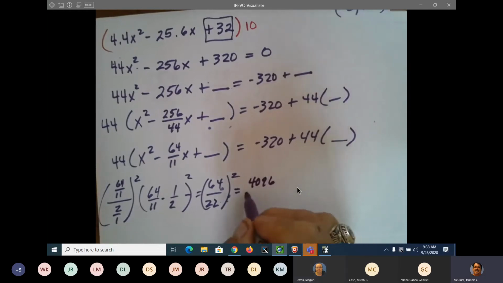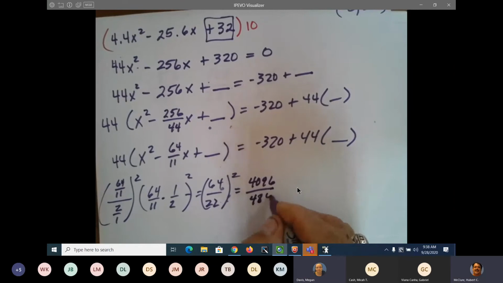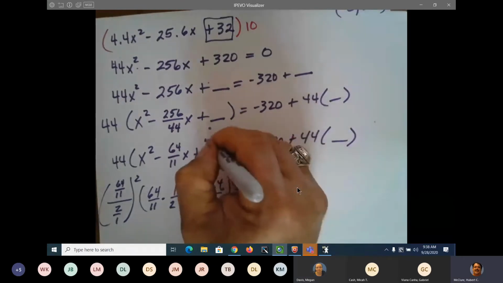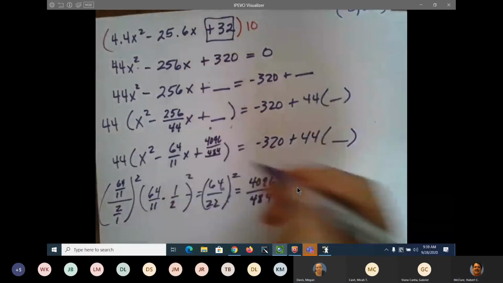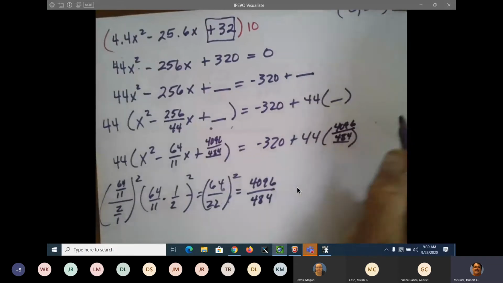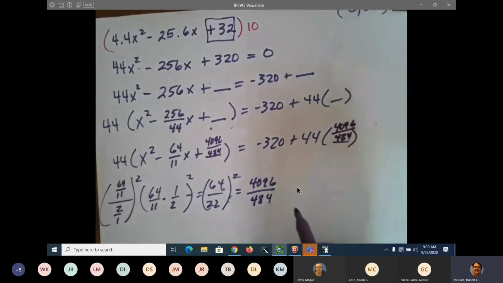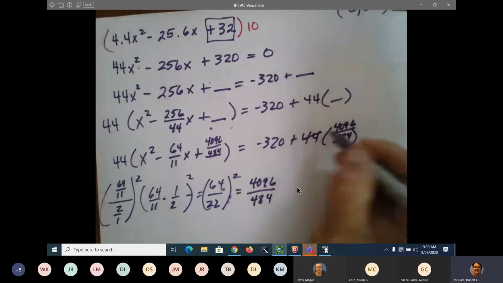And 22 squared? 484. All right, so 4096 over 484. See if 484 is divisible by 44, please, without a decimal. Does it give you 11 times? 11? Good. So that 44 will cancel with this.